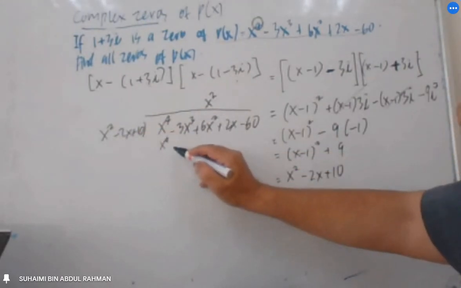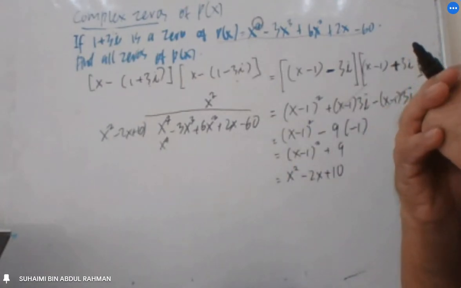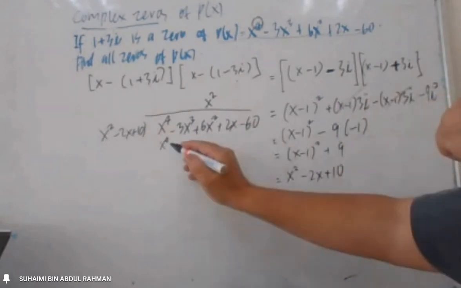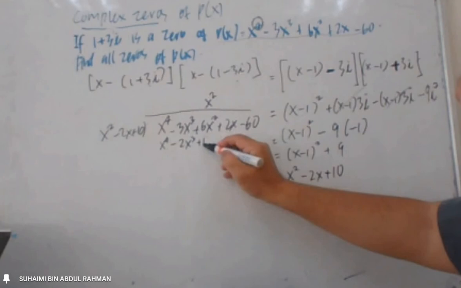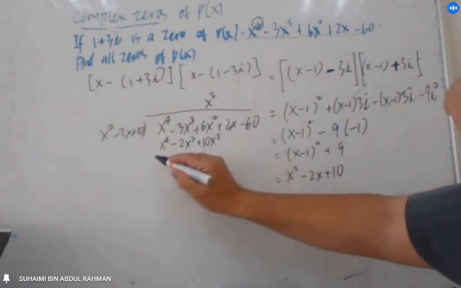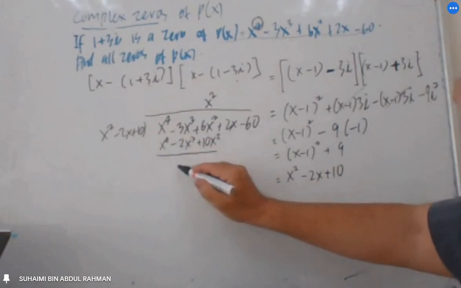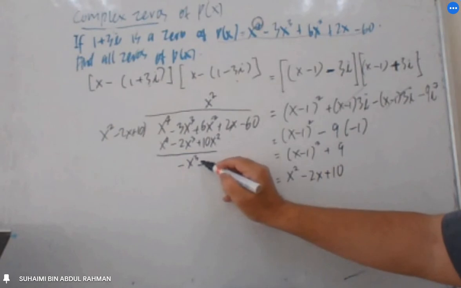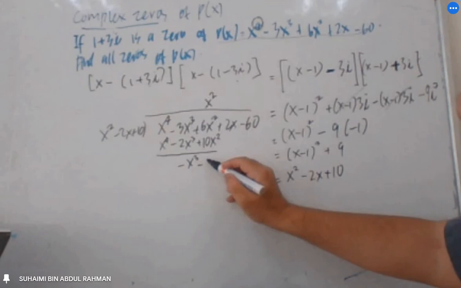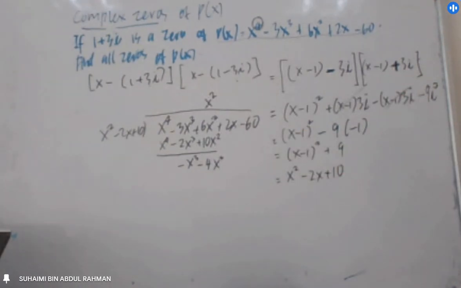And then negative 2x power of 3 plus 10x power of 2. Cancel. Minus x to the power of 3, minus 4x squared.